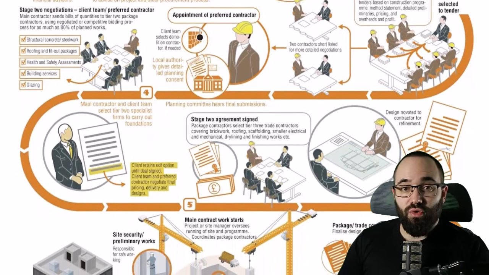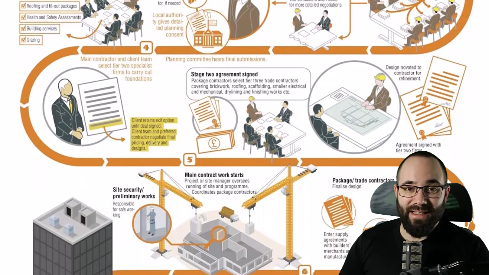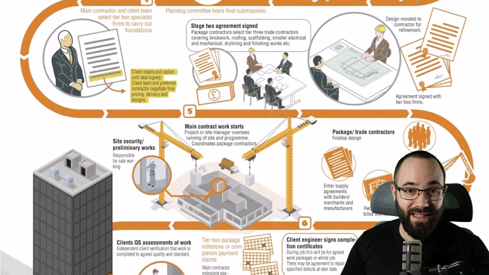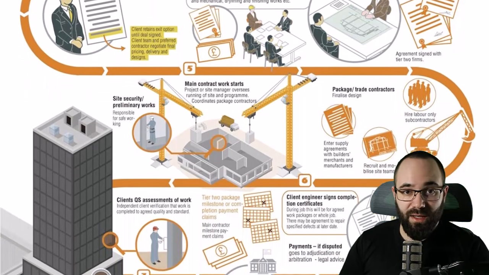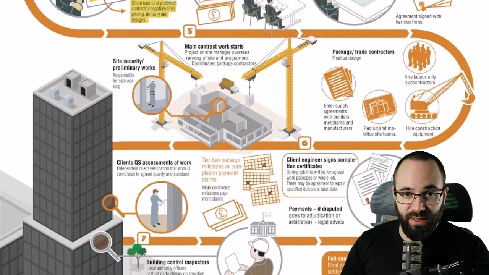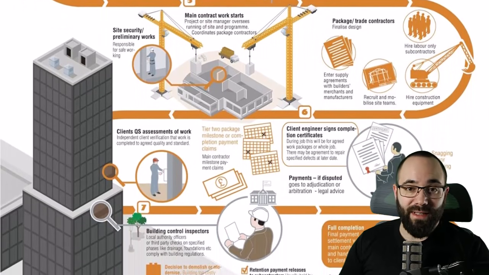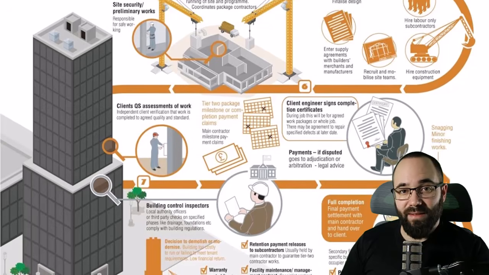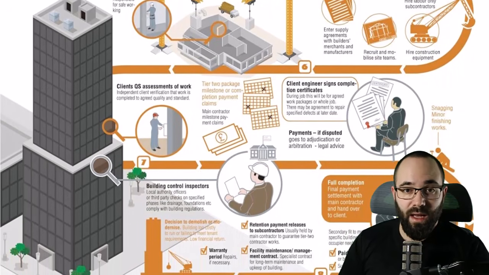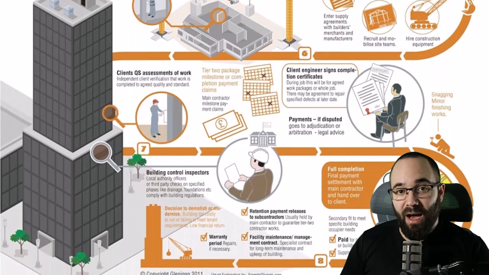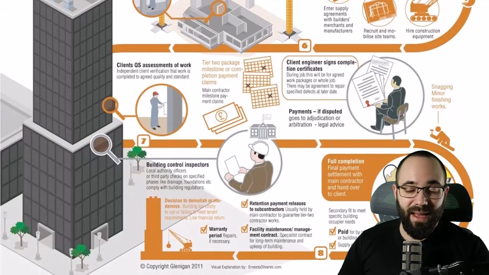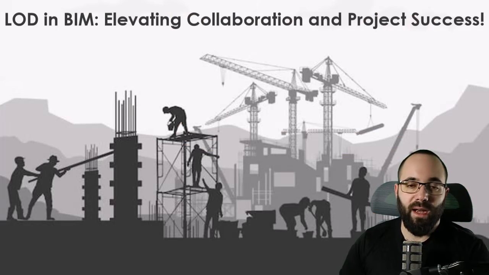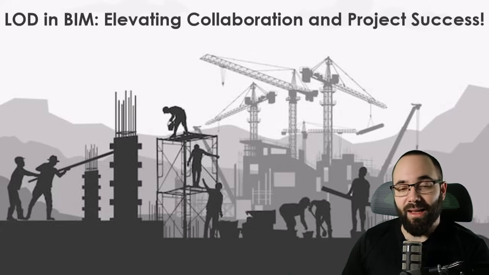LOD in BIM streamlines communication, enhances efficiency, ensures consistency, and controls cost throughout the construction of the project. By adhering to LOD standards, stakeholders can navigate complexities with confidence, ultimately revolutionizing how engineers conceive, build, and maintain structures. So now that we have established what LOD is and why it is so important, let's now accurately define each level individually.